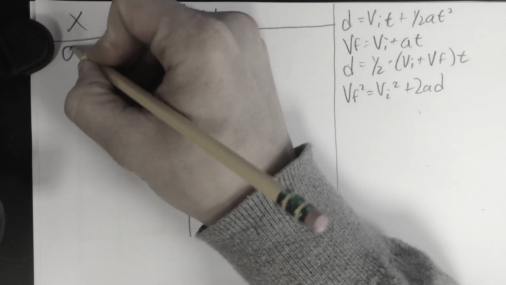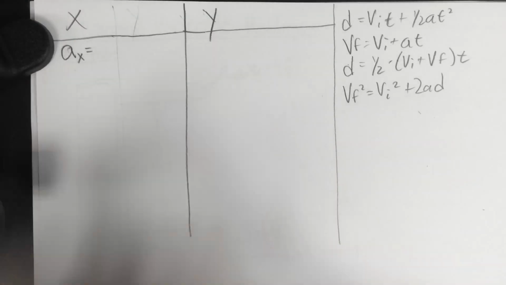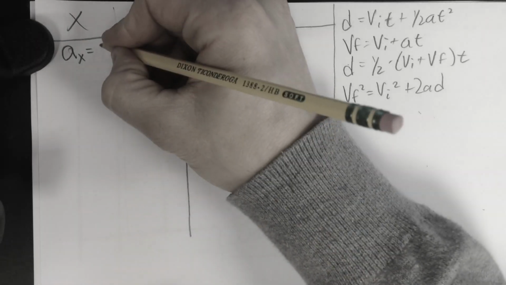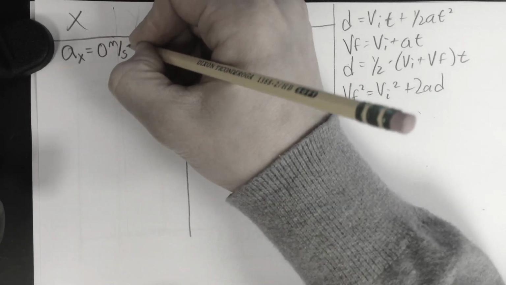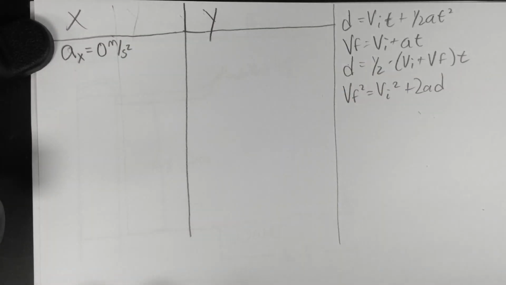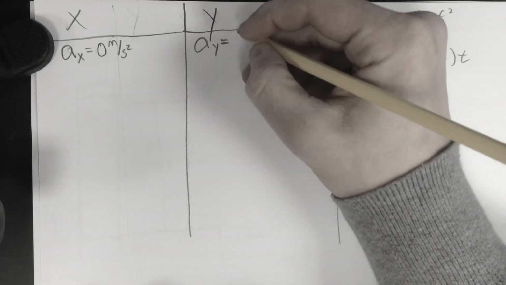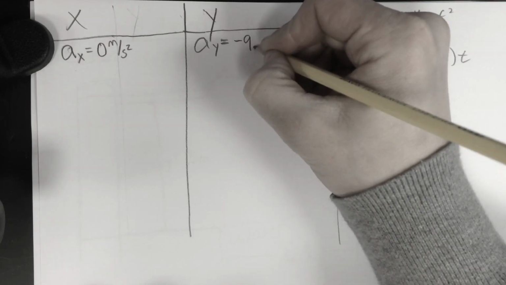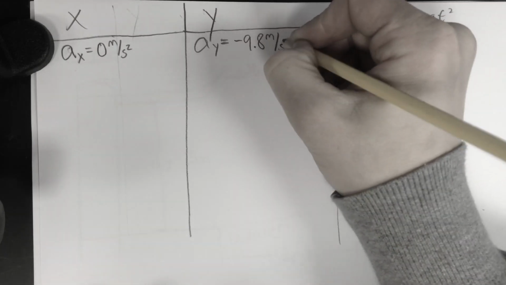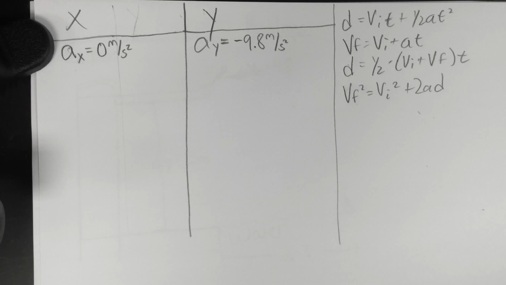In the x direction, there is no acceleration. Objects move at a constant speed that way, so 0 meters per second squared. And our y acceleration is the same for any projectile, negative 9.8 meters per second squared. So you always know the acceleration in the x and y directions for any projectile.